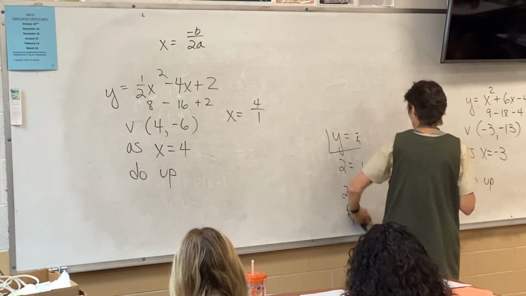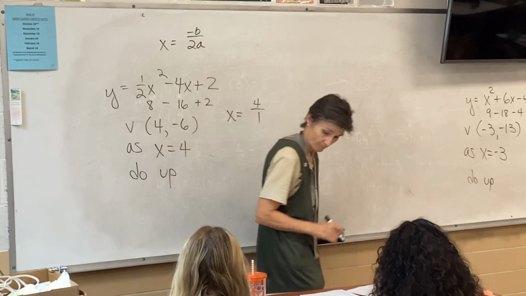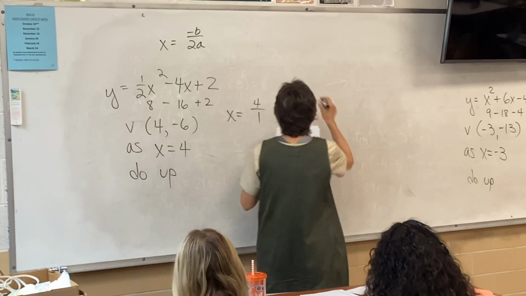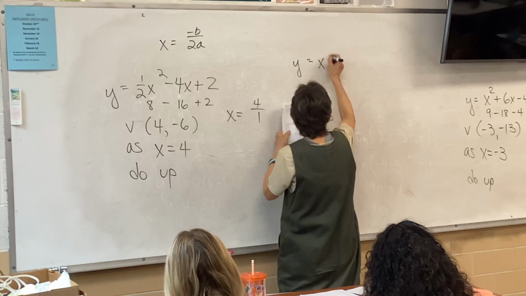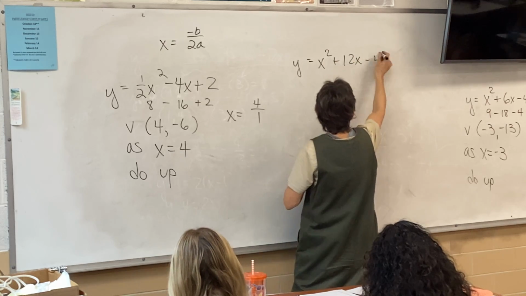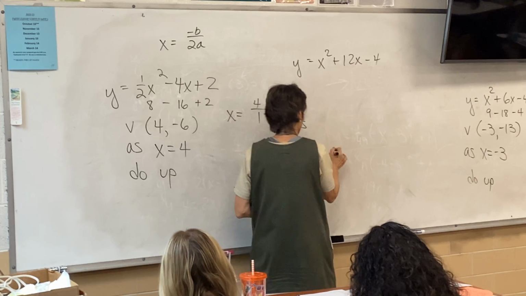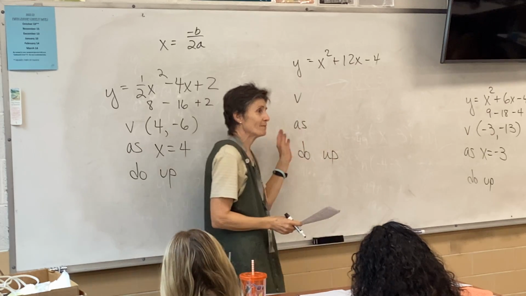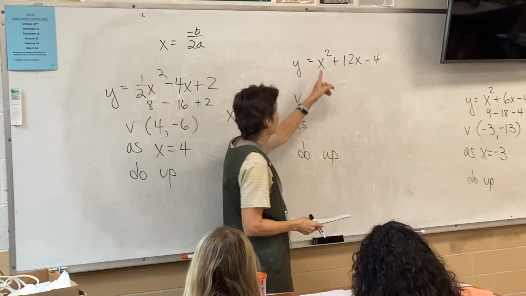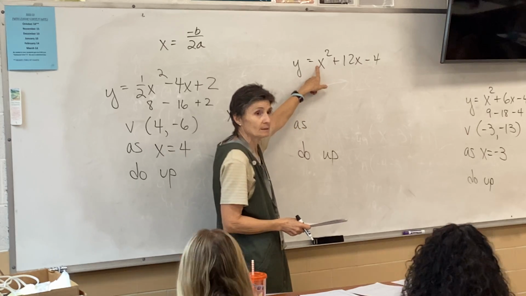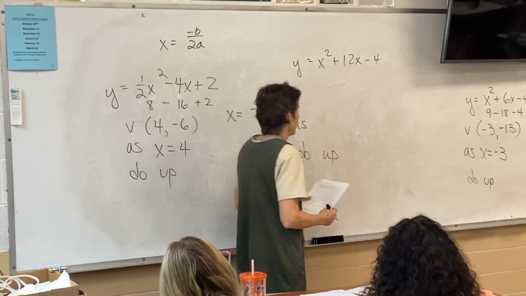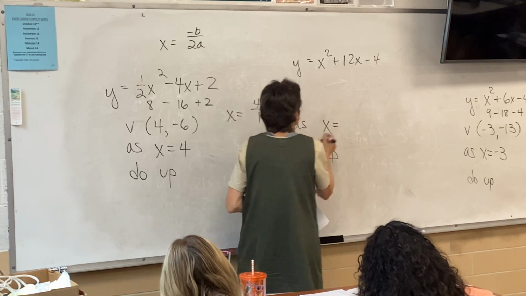Next one. Here we go, vertex, axis of symmetry, direction of opening. This one also opens up. I don't remember having any downs, but we could have a down if this number's negative, right? Yeah, that's easy. All right, so x equals what?